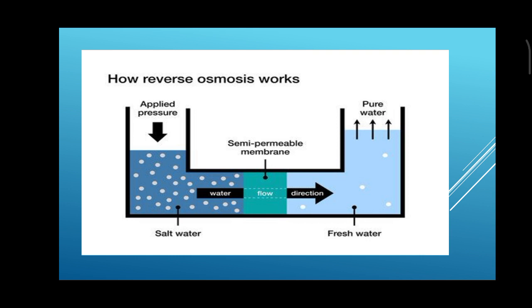So this is how we can reverse the phenomenon of osmosis. We have an application in the RO systems even in our homes to separate pure water from salty water, which has a high TDS value. TDS is total dissolved solids.